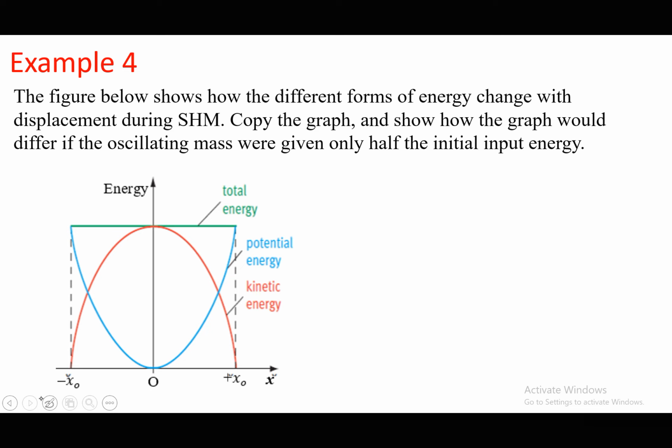So I have to recopy this and resketch this. But instead of sketching a new graph, I'm just going to use a different color. Anyway, let me sketch a new one. So it is energy against displacement. I'll draw the axis for displacement between negative x naught and positive x naught. So this is going to be 0. Remember, total energy remains constant, but they said it is given only half of the initial input.